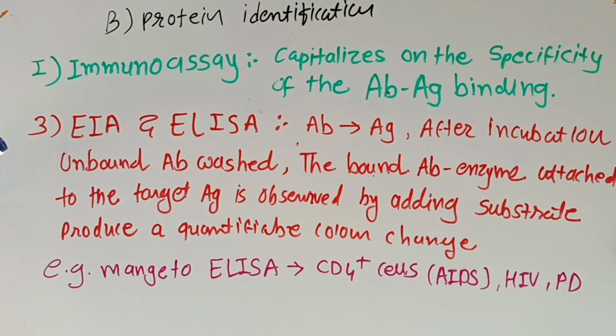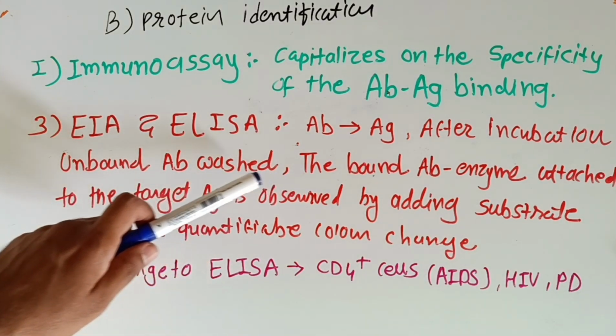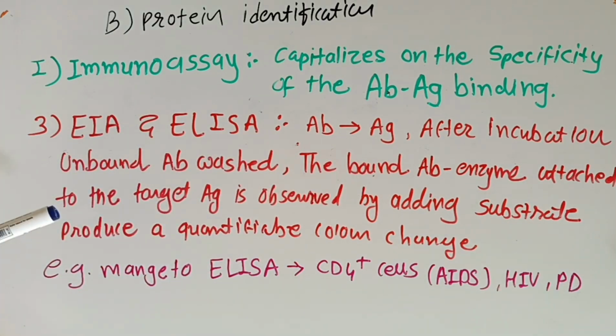Now in immunoassay, the third method is enzyme immunosorbent assay, or enzyme linked immunosorbent assay. The antigen antibody mechanism is also there. After incubation, unbound antibody is washed away. Now the bound antibody is linked with the enzyme.